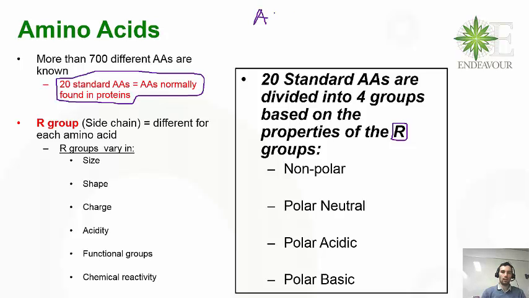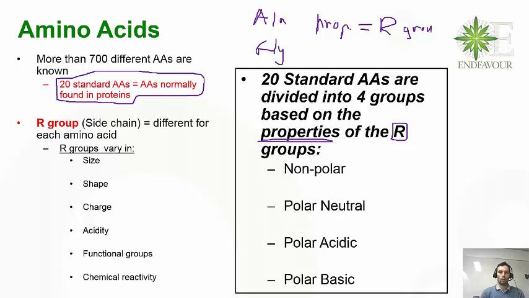For example, alanine has a different R group to glycine. Depending on what this R group is, that is what determines the actual properties shown by that amino acid. We don't look at the backbone atoms to work out properties. The properties actually come from our R group.